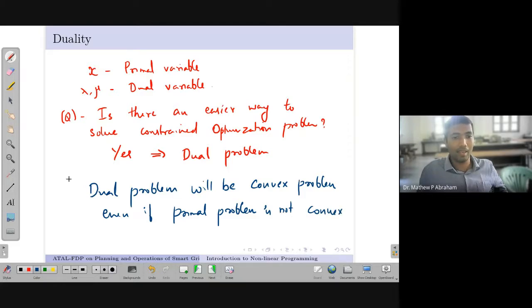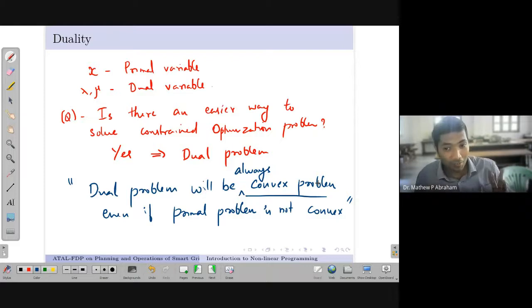The initial problem is called the primal problem. This is a very, very powerful thing in optimization. So if you formulate a dual problem of the given primal problem, that will always be convex. There is no doubt in that.